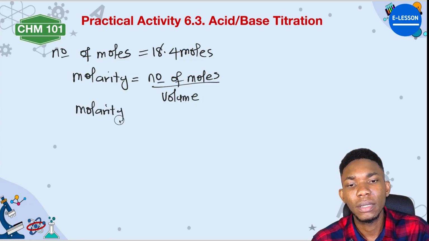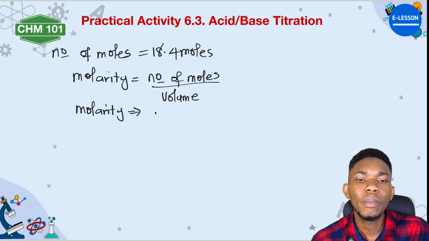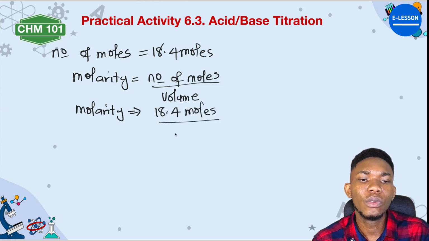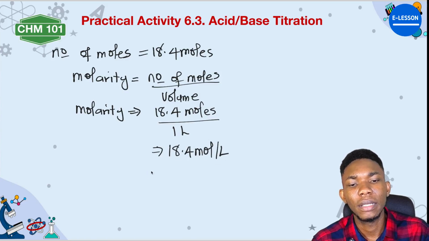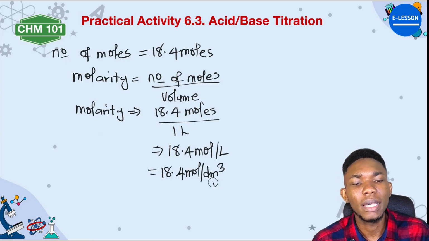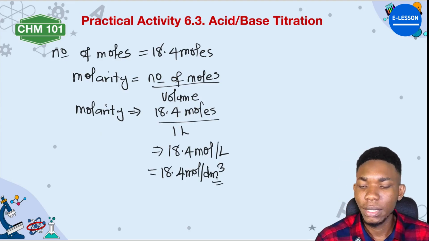So molarity will be number of moles, 18.4 mole, over the volume, 1 liter, which at the end of the day will give us 18.4 mole per liter, which is still the same as 18.4 mole per dm cube because 1 liter is 1 dm cube.